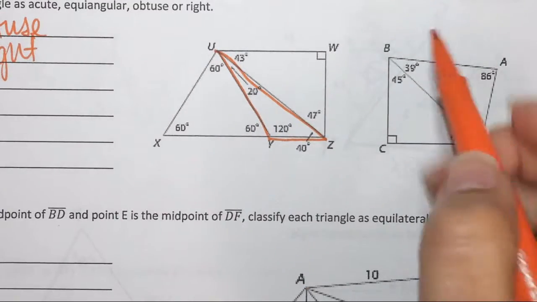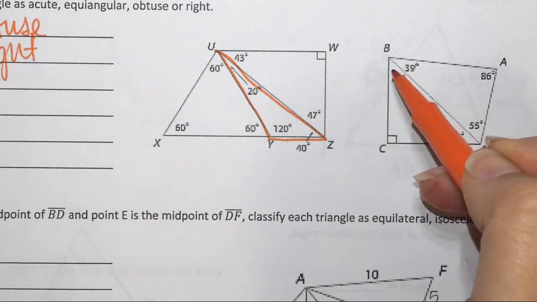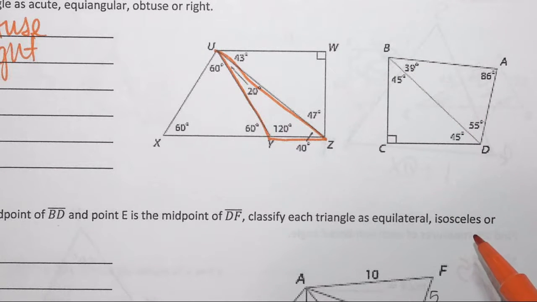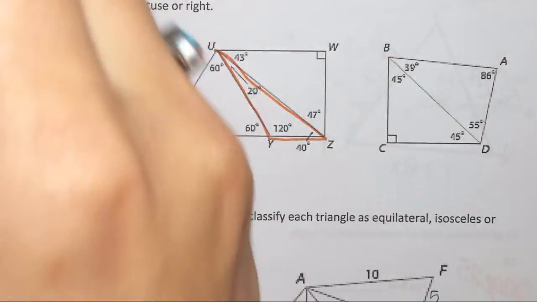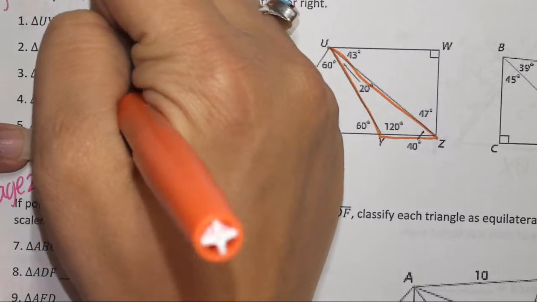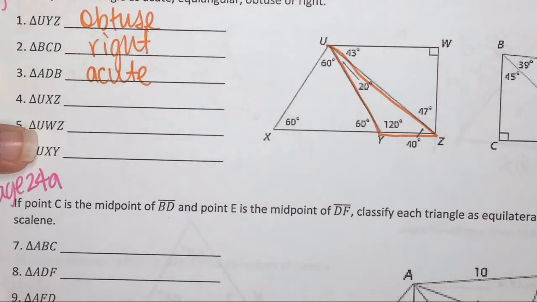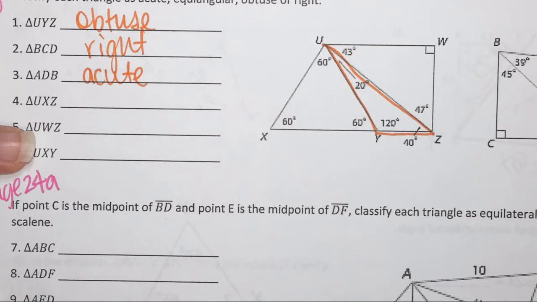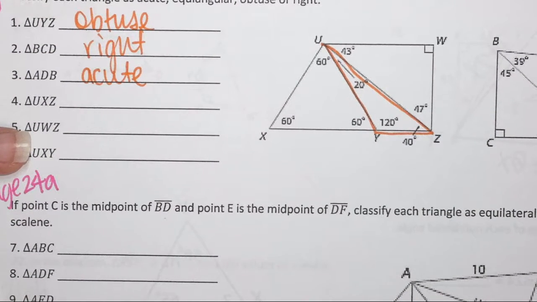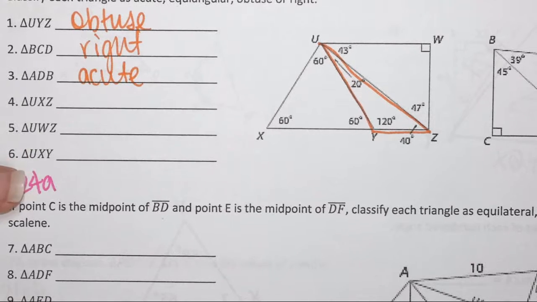All right, the next one says ADB. Why is it acute? All of them are less than 90, not because it's small. UXZ. That's acute.